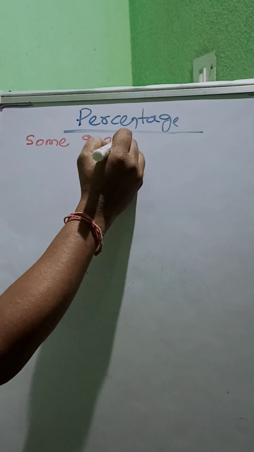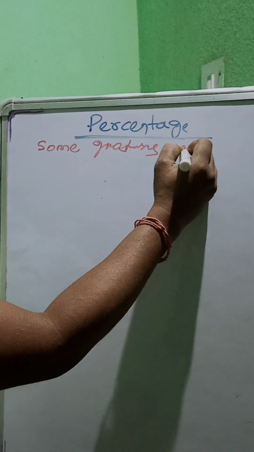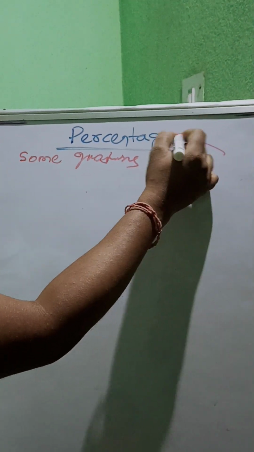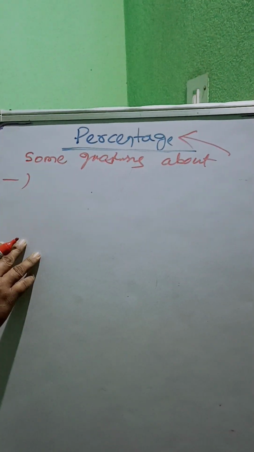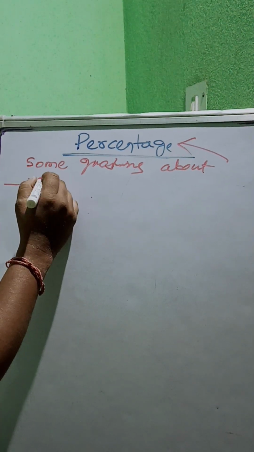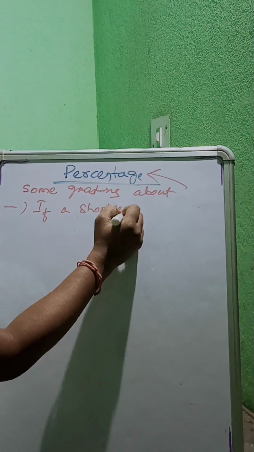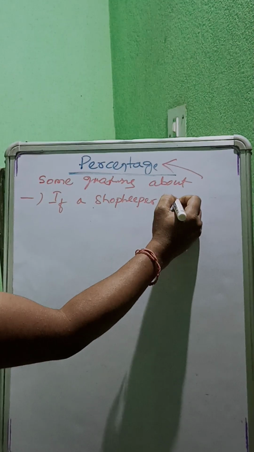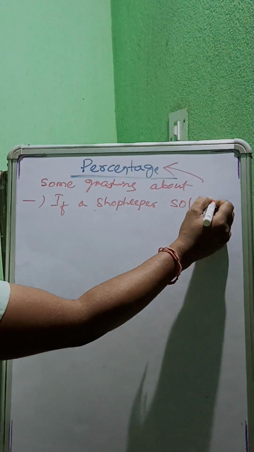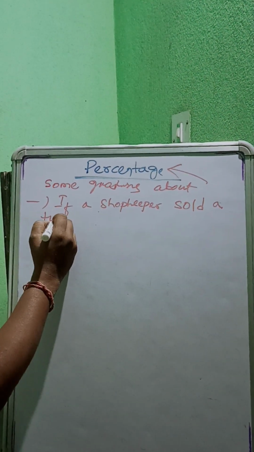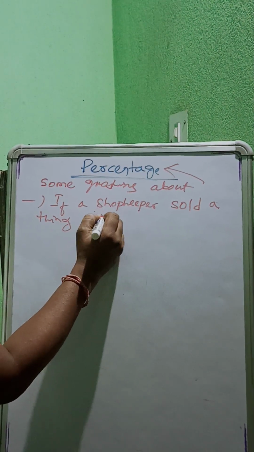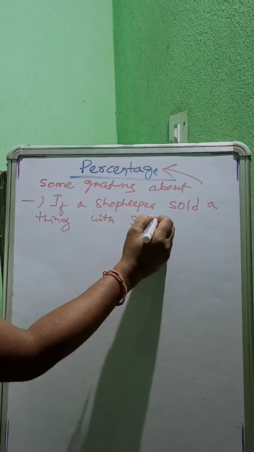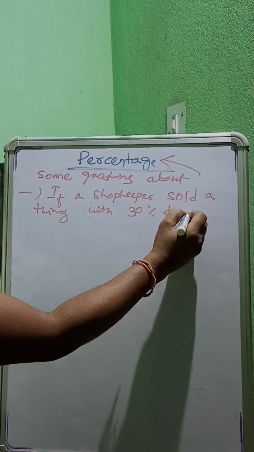Some questions about percentage. For example, a shopkeeper sold a thing with 30% discount.